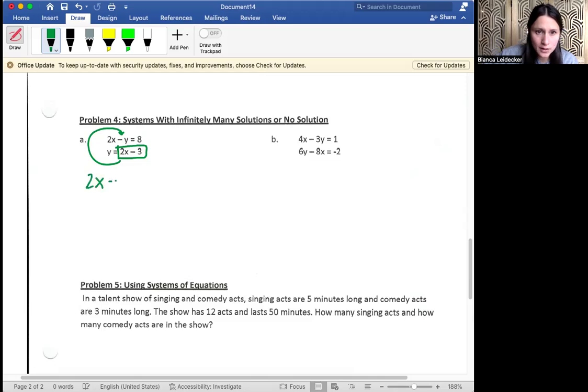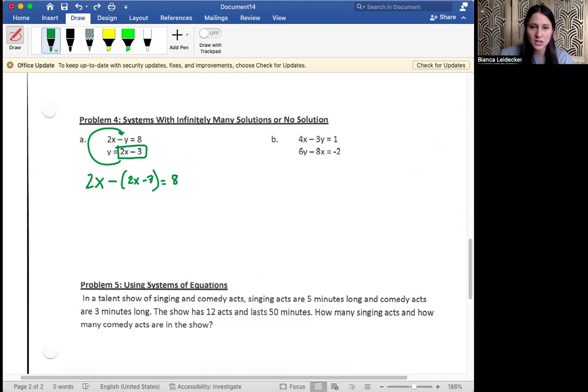So I have 2x minus this whole phrase of 2x minus 3. Now, it's really important that when you're subtracting, imagine y equals a number, like 4. Then you would have 2x minus 4. Well, in this case, it's not just one number. It's actually a whole expression. And so when we're subtracting it, we're subtracting everything in that expression.